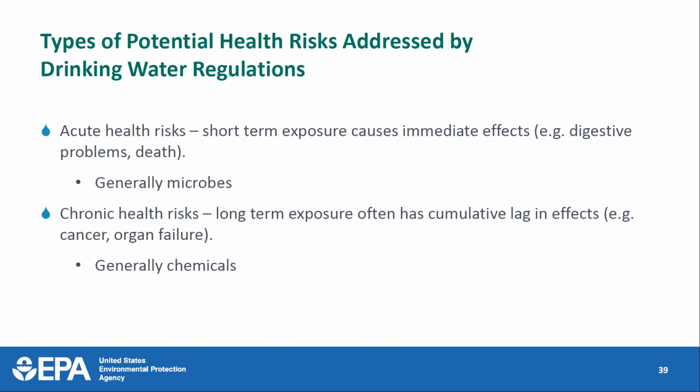You will get over them. They may be deadly, but generally you get sick more immediately, and it's something that will subside, versus chronic health risks, which we tackle through the different types of drinking water regulations that we have. Next slide, please.